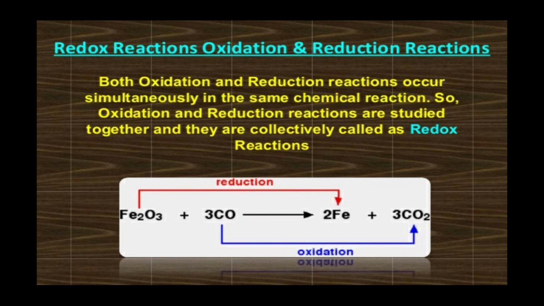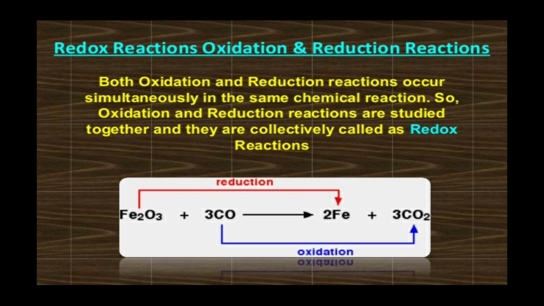Now let us again take an example where ferrous oxide is reacting with carbon monoxide. As you can see here, ferrous oxide is losing its oxygen molecule. Hence in this reaction ferrous oxide is showing the reduction reaction.